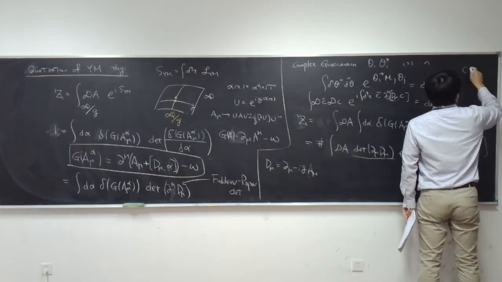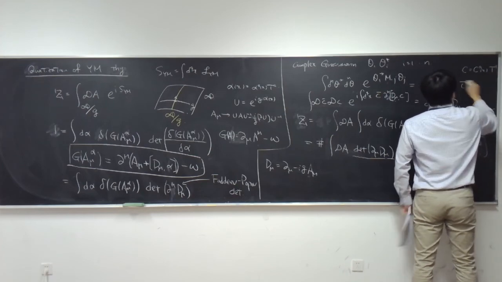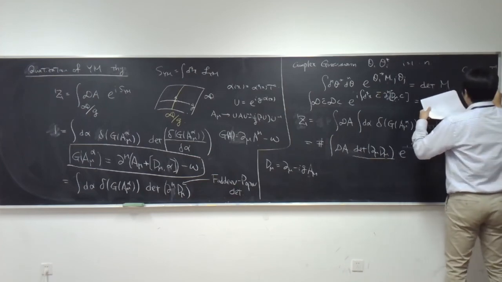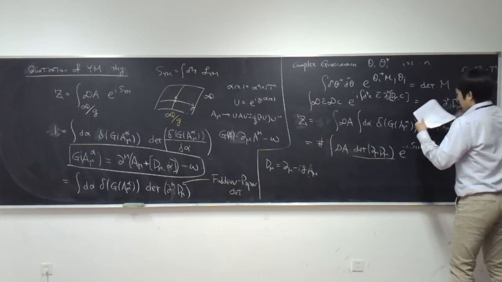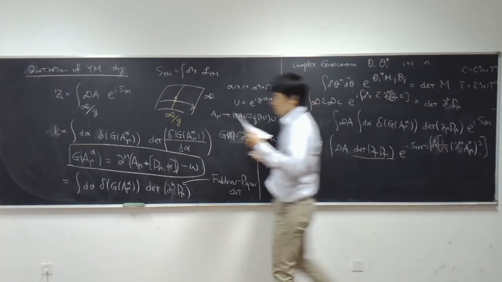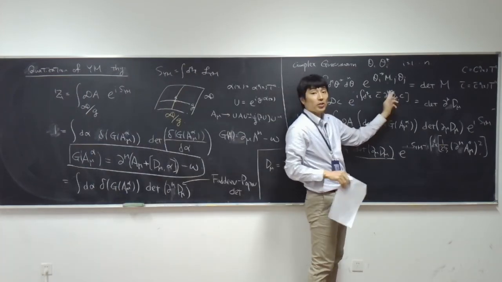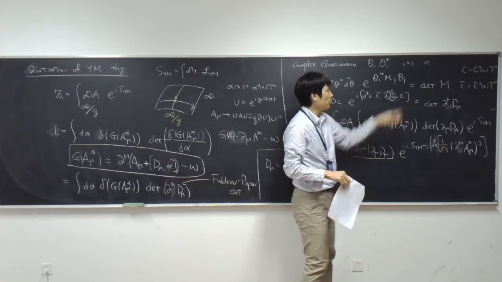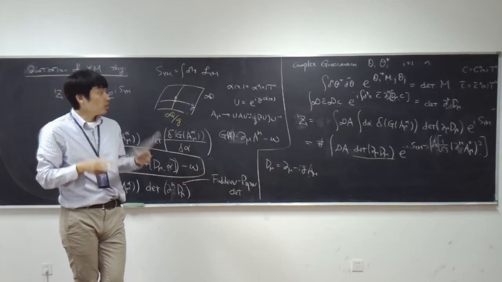So c is c^a of x times T^a, and c bar takes c bar^a times T^a. Okay, so that's what we assume. And D mu acts by commutator. So that's what we're going to assume.